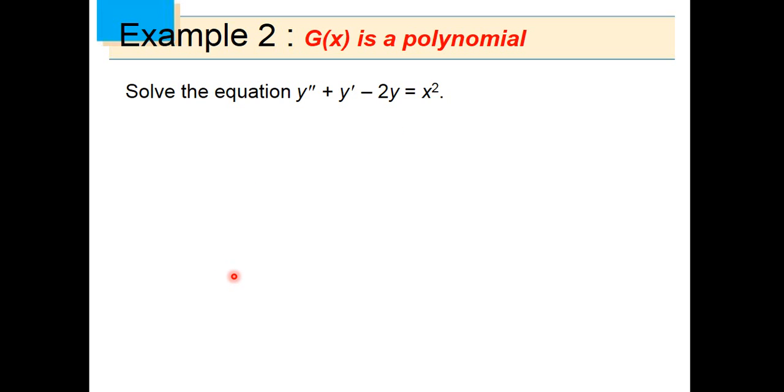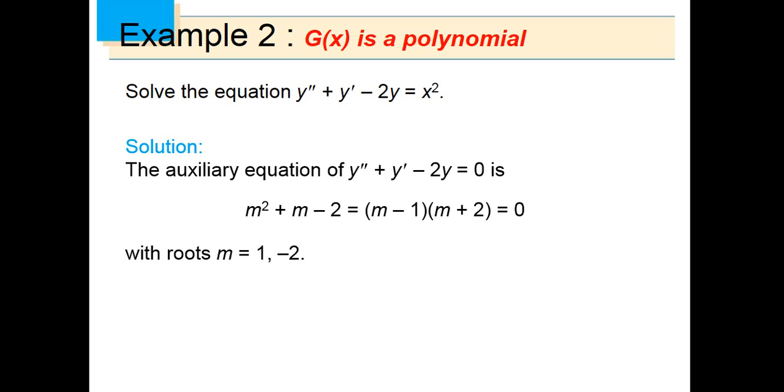But nonetheless, we will always start with determining the complementary equation or solution, and that would lead us to setting the right side 0 and finding the roots of the auxiliary equation. You can find the roots using synthetic division or simple factoring, whichever is easier to do and applicable. So in this case, your roots are 1 and negative 2.